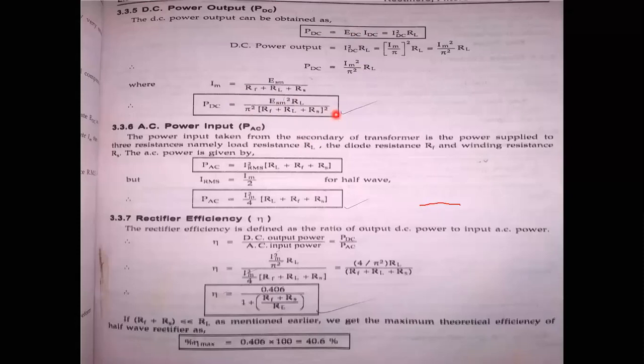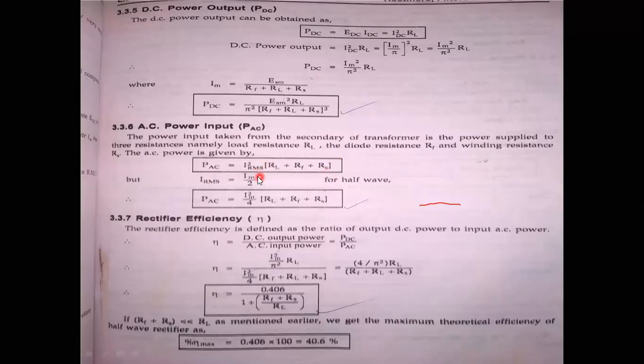Next one is AC input power. Input power means AC power, because the AC component is present only in the input. So power AC equal to, you have to use the AC component.